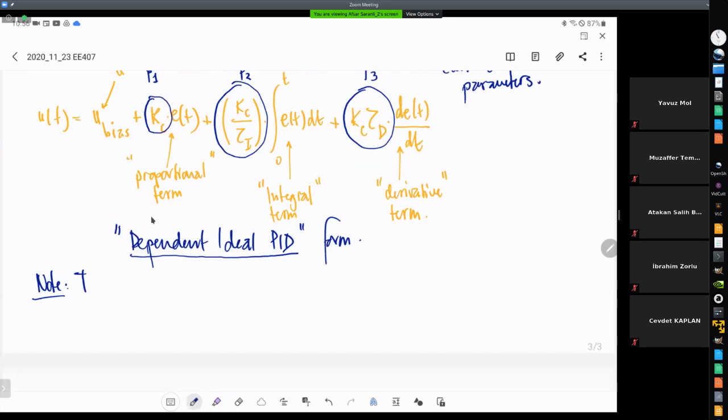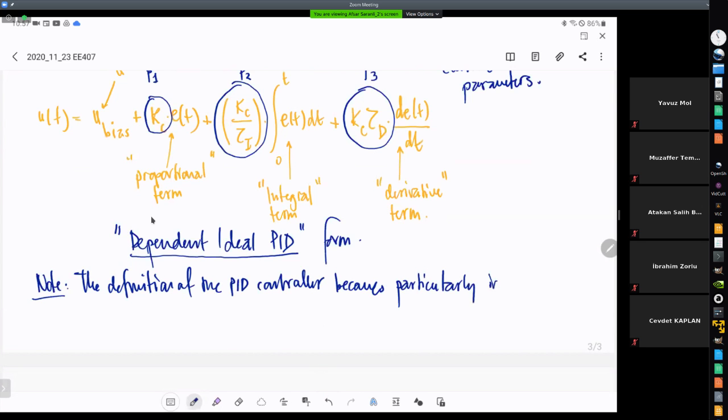Okay, the definition of the PID controller becomes particularly important if you are using a commercial controller with a graphical user interface.